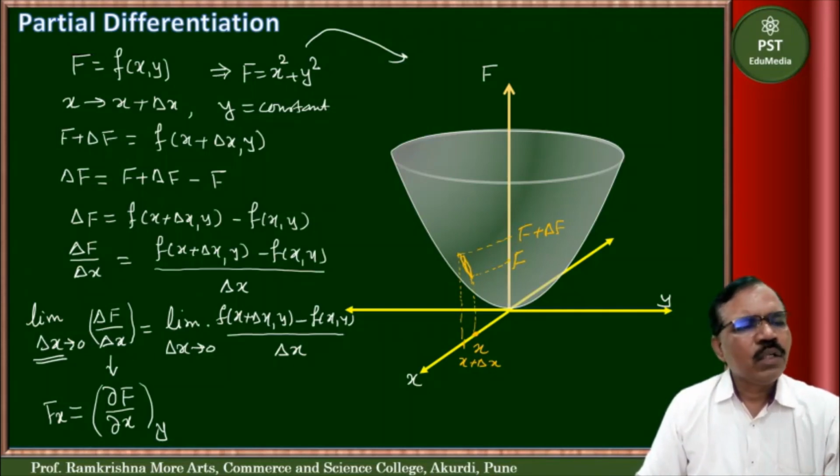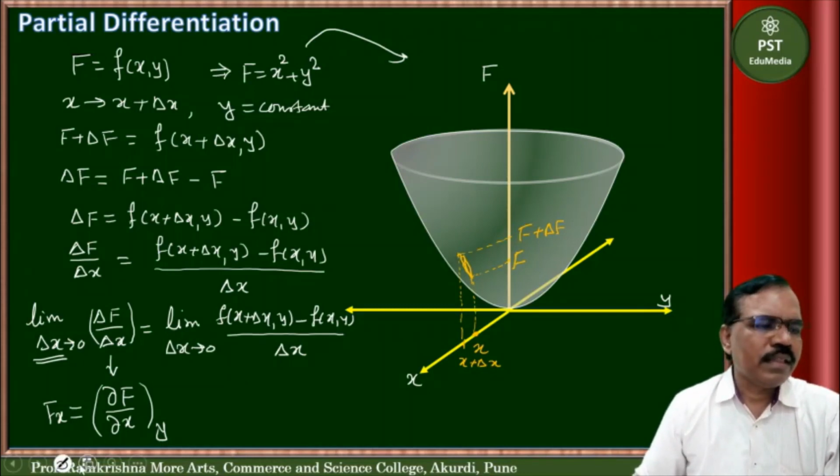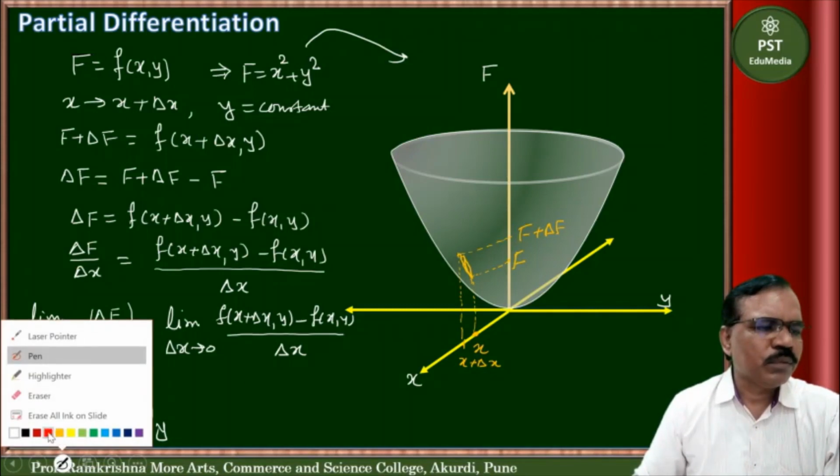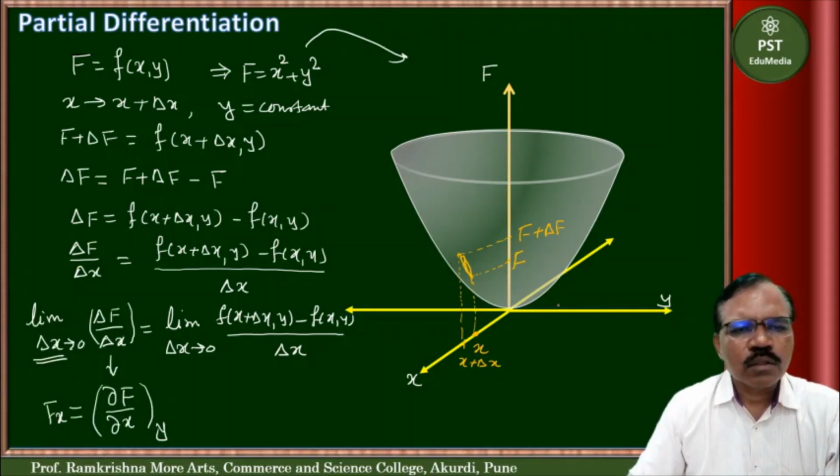Now here you can also take x constant and change y. In that case we take some value of y, and corresponding to that value function will be f, and we change value of y to y plus delta y.